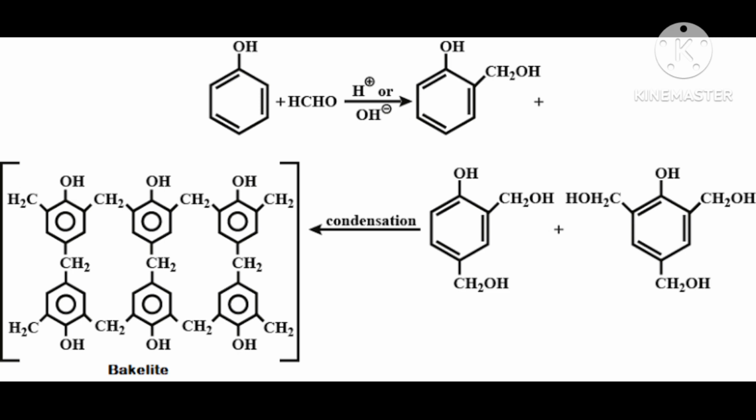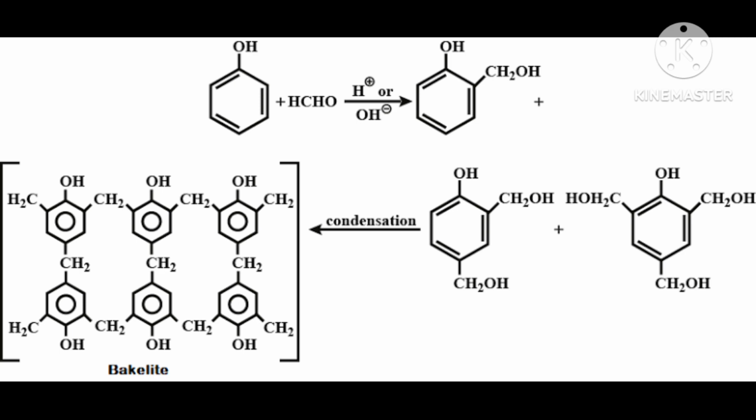The third possibility is that now 3 CH2OH will join, one at the ortho position, another at the para position, and the third one again at the ortho position, meaning the 6th carbon. Here 3 CH2OH will join. All 3 products you will get.